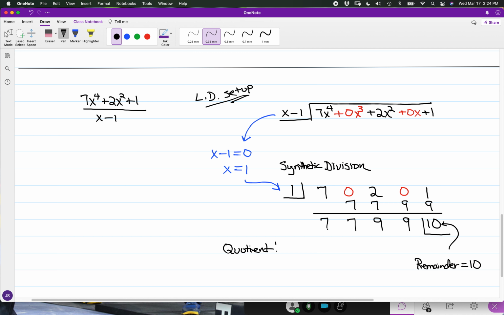The 7 brought down at the bottom represents a term that is 1 degree less than the leading term in the dividend. So this 7 is going to be 7x cubed, followed by plus 7x squared, and then with the 9s, plus 9x, followed by plus 9.